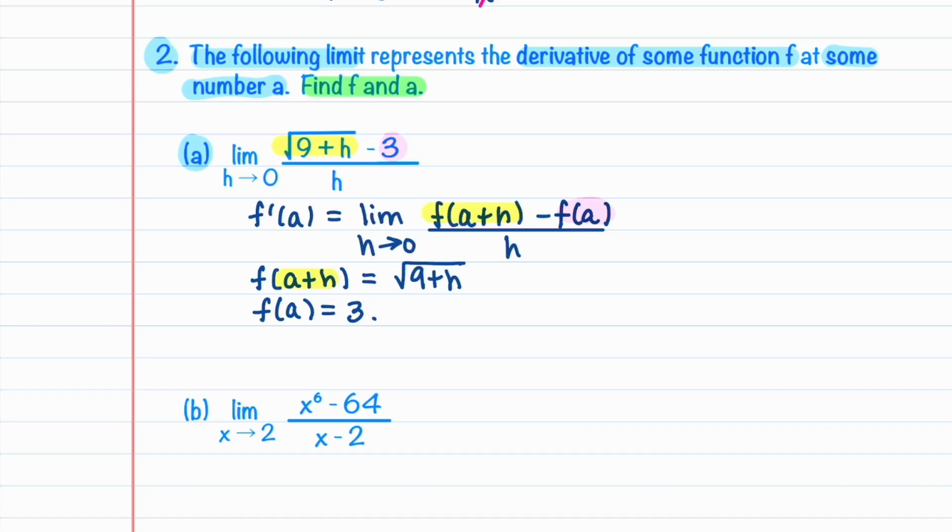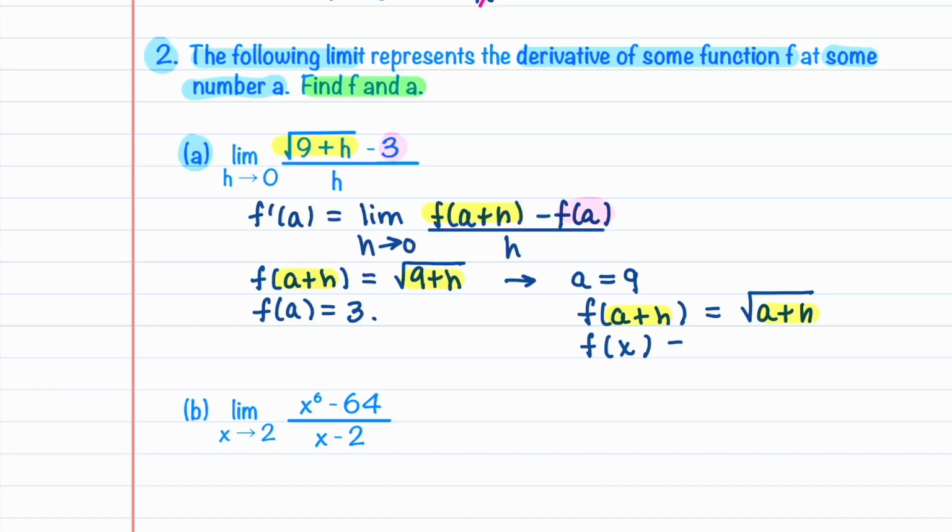A plus h is equal to 9 plus h. So this tells us that a is equal to 9, and then f at a plus h is equal to the square root of a plus h. We want to know what f of x is. To find f of x, wherever we see an a plus h, we're going to substitute in x.